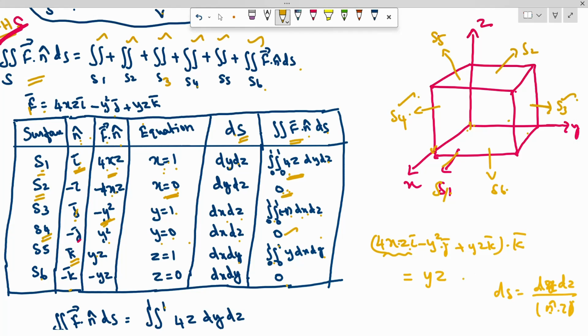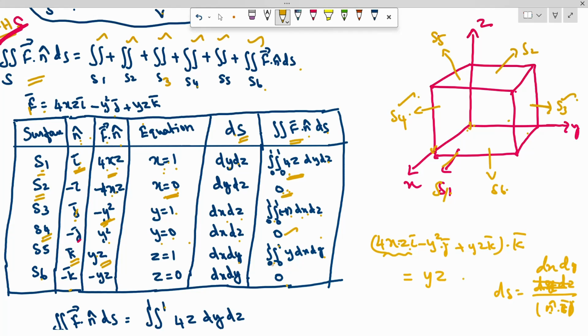Here z is written. Okay, z is equal to 1. From the origin, distance will be 1. ds is dx dy. Here actually dx dy by n cap dot k vector will come. Here n cap is k vector, k dot k value 1, we are getting only dx dy.